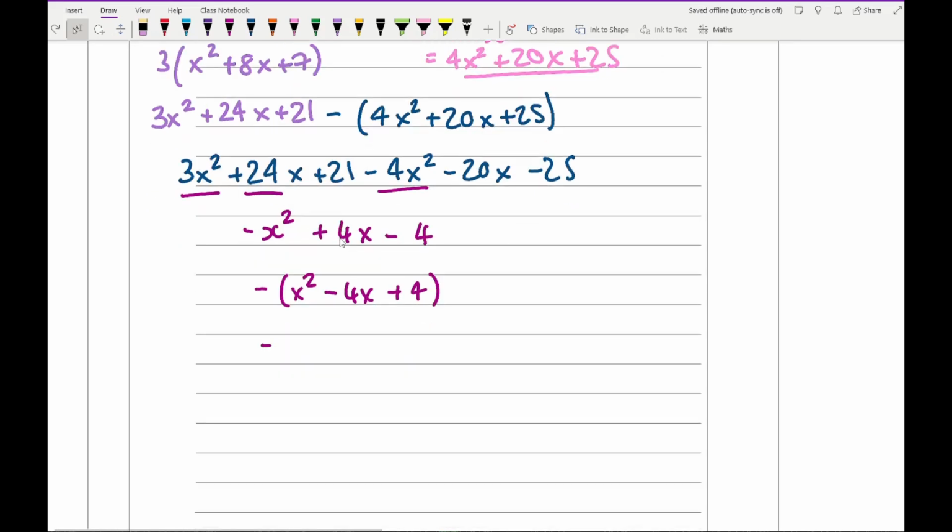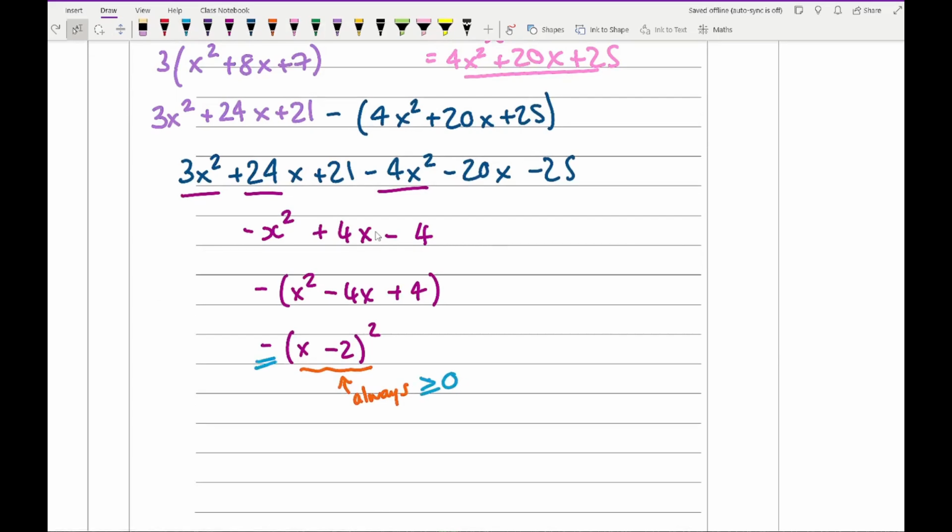And does this factorize? Yes, it does. I can write x minus 2 squared. So as you can see, this bit here is always going to be greater than or equal to 0. And let's just double check. Oh yeah, that's fine. So here is always going to be greater or equal to 0.